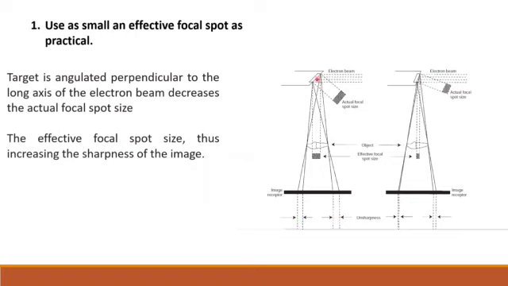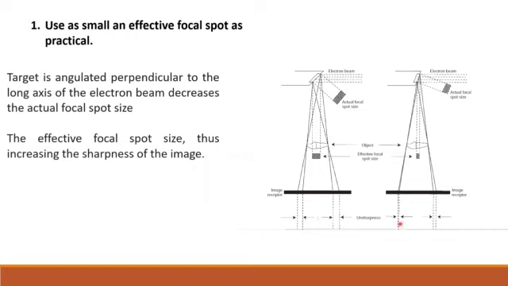So the target, which has an actual focal spot size of 1:3, and this is a target which has 20-degree angulation with the long axis of the electron beam, and the actual focal spot size becomes effective focal spot size, which is 1:1.